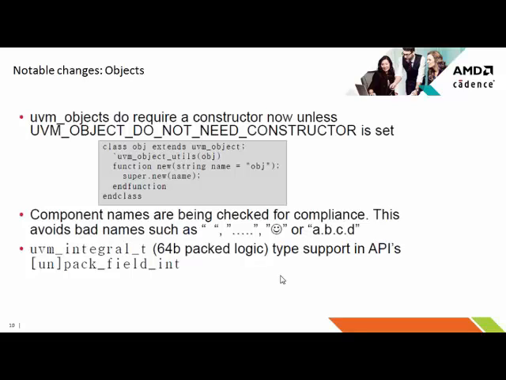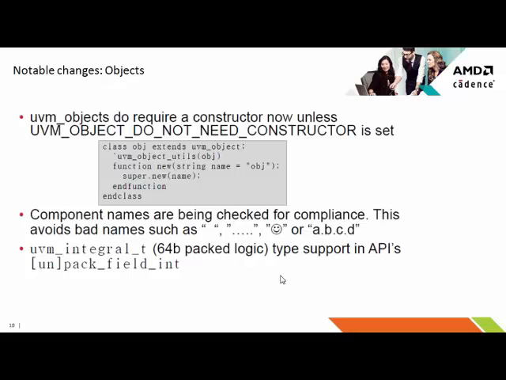If you're inside 1.1 and you have classes with no constructors, you can run that in 1.1, but you will not be able to run that in 1.2 unless you set this macro, UVM_OBJECT_DO_NOT_NEED_CONSTRUCTOR. That's a way of getting around it for now, but I think the idea is that you should try to move all your classes to be 1.2 compliant, which means that you have to have constructors.